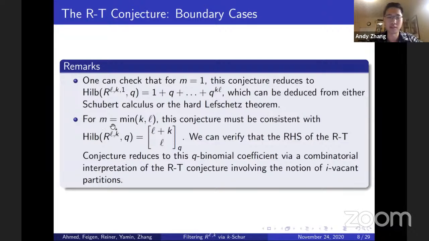And in the other extreme, we can take m to be as large as possible, the minimum of k and L. The conjecture must be consistent with the theorem that the entire graded algebra's Hilbert series is the q-binomial coefficient.